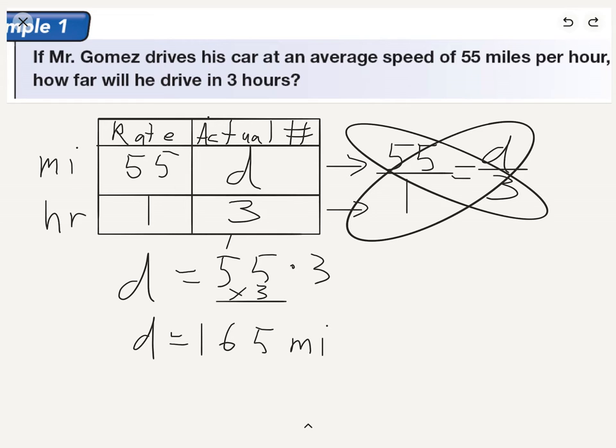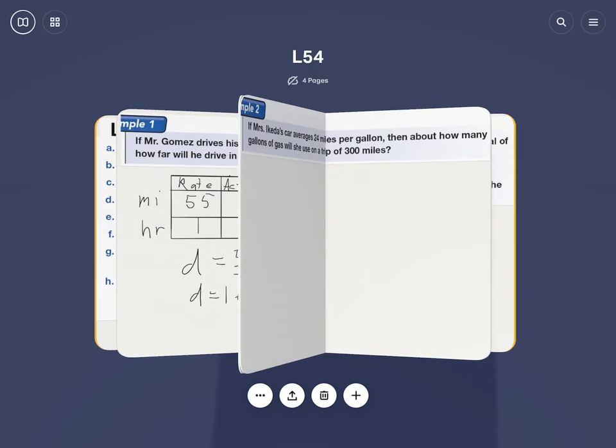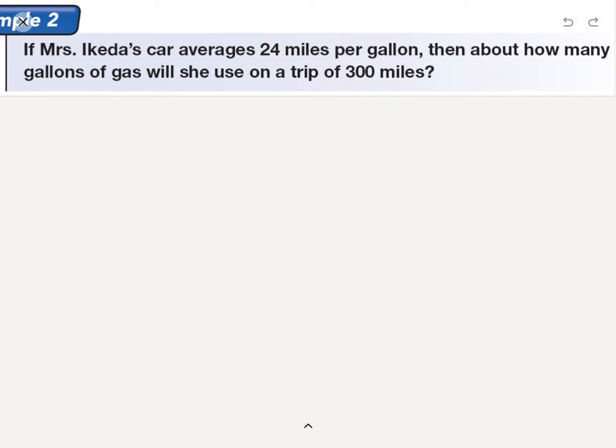All right. And so now that we've got the method down, let's see about having you come up with your own rate box for solving this problem, which is really almost exactly the same as the last problem. So if Mrs. Akita's car averages 24 miles per gallon, then how many gallons of gas will she use on a trip of 300 miles?